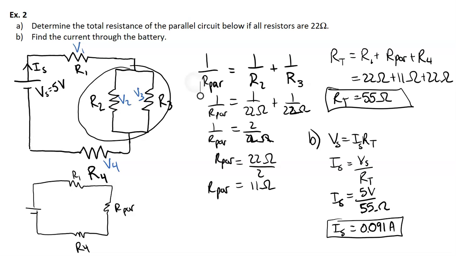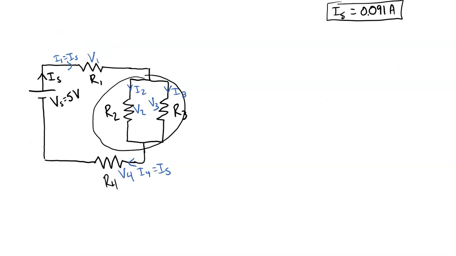We don't know the currents through here, and we don't know the current through here. We know the current through R1 and the current through R4 is going to equal IS. We don't need to solve anything for that, but we will note that those are equal to the current coming through the battery.